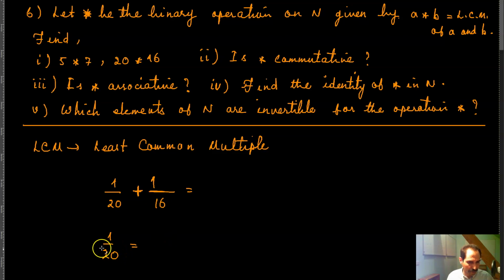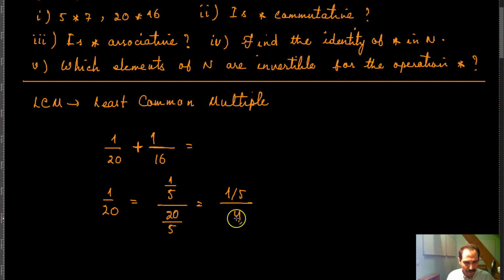So how do I get to 4 from 20? I have to divide by 5. So I write 1 divided by 5 over 20 divided by 5, which gives me 1/5 over 4.